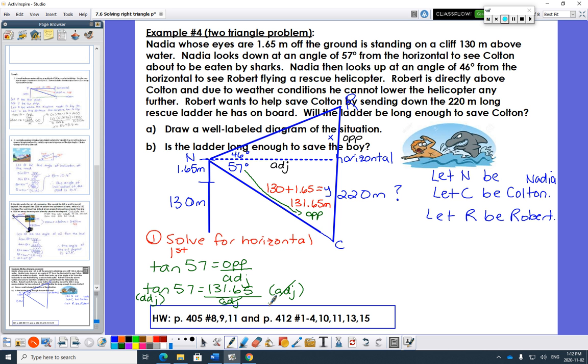Then divide. You can change tan 57 into a number. Either 56 or 63.